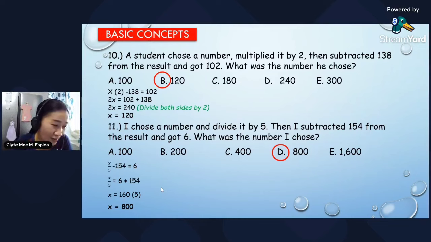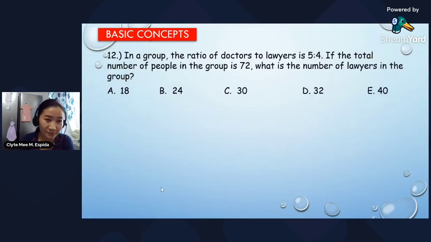As we go along, magiging madali po yung math, as long as you know the keywords and the basic operations. Okay, ito. Number 12. In a group, the ratio of doctors to lawyers is 5:4.